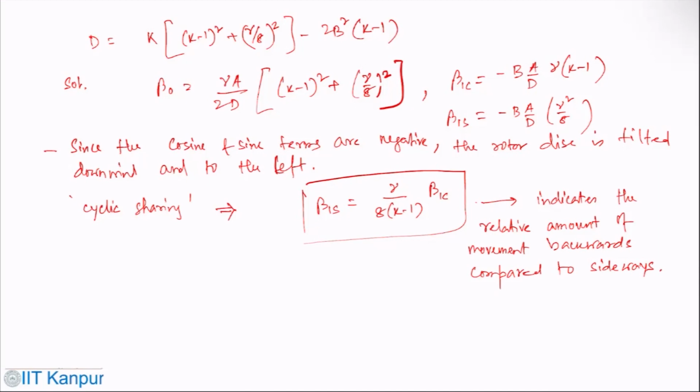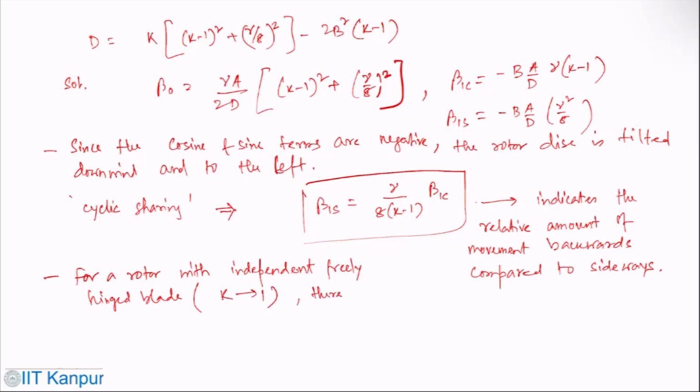So for a rotor with independent freely hinged blade, that means K is approaching 1.